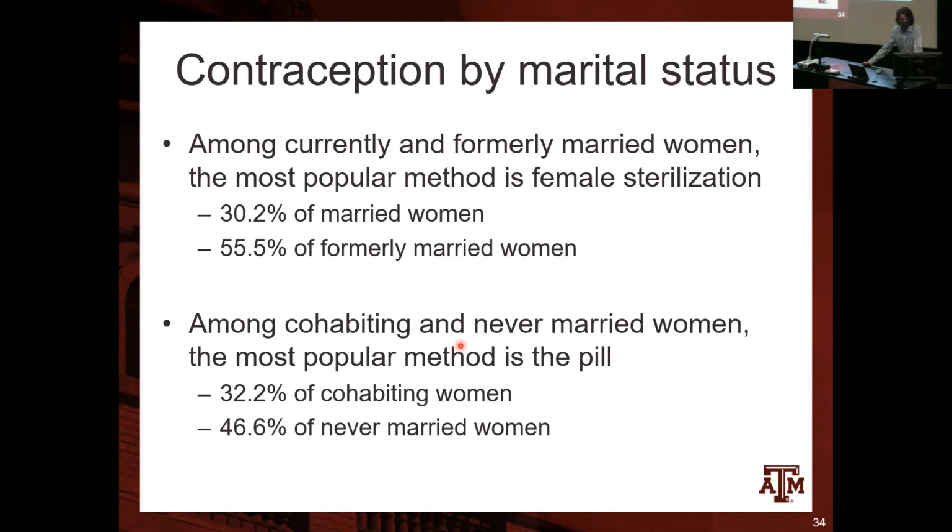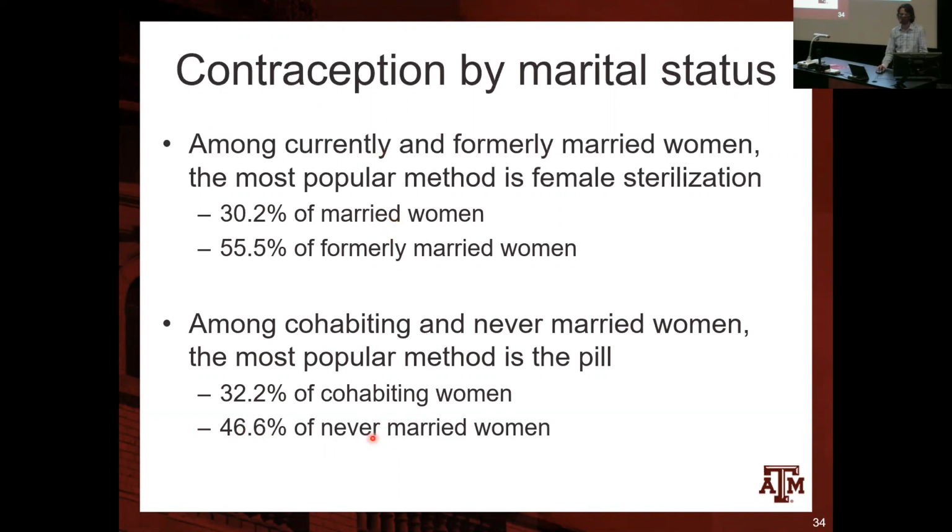Among currently married women, the most popular method is female sterilization. And among cohabiting and never married women, the most popular method is the pill, right? Married women are more likely to have reached the number of children that they wanted, so they go through female sterilization, they don't want to have children anymore.